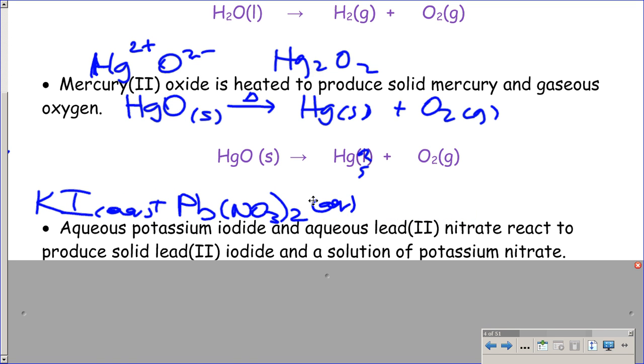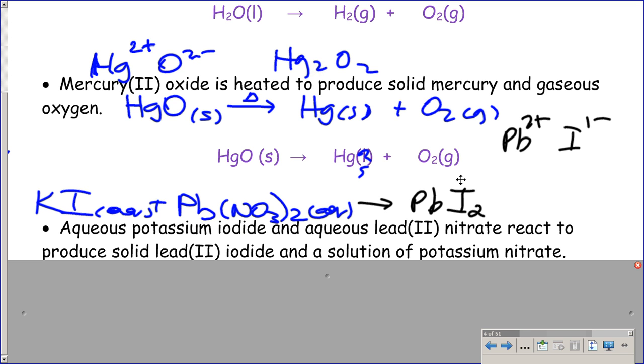Yields producing solid lead 2 iodide. Pb what? That's 2 plus that you're thinking. Pb2, right? Lead 2 is a 2 plus for lead. You crisscross it over. So you're thinking Pb. And iodine is a what charge? Right, so crisscross.